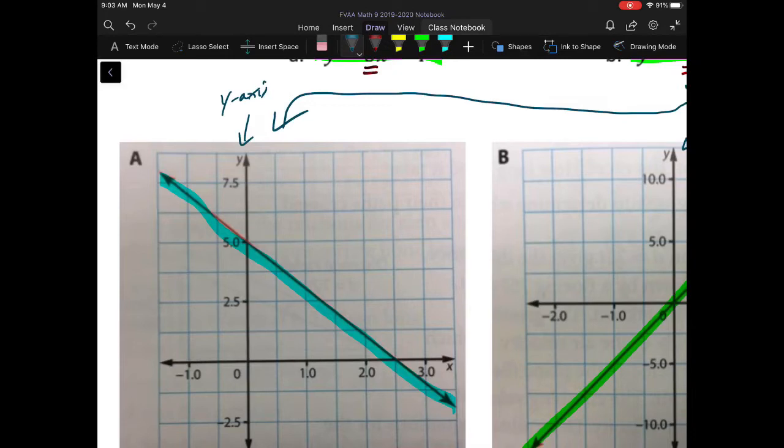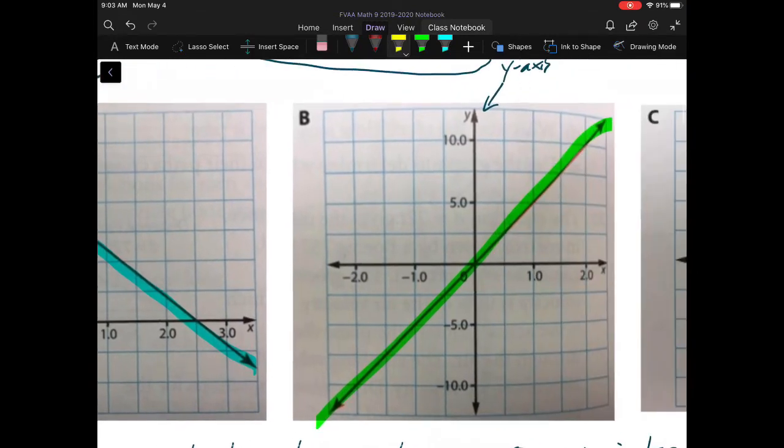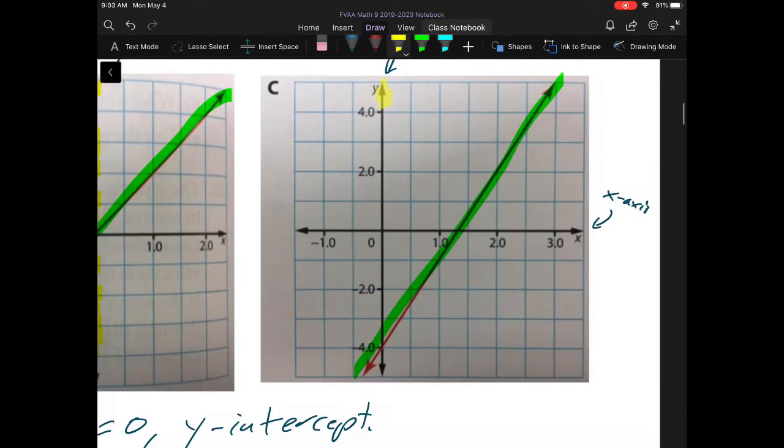So where on the graph is x equal to 0? X is equal to 1 here and 2 here, but x is equal to 0 along the y-axis. So if we can figure out where the line crosses the y-axis, that's going to give us our b value.